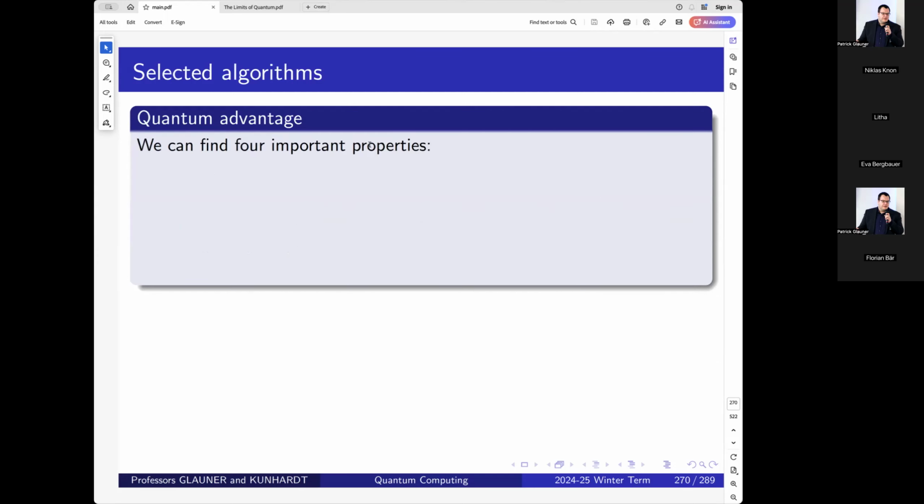Now we have looked at these algorithms, and in fact, we can now assess each of these algorithms and find four important properties. The first property is called performance. It has nothing to do with speed. Here, performance means that the algorithm solves a task well. So we have a concrete problem and we want to solve it well. That's performance.